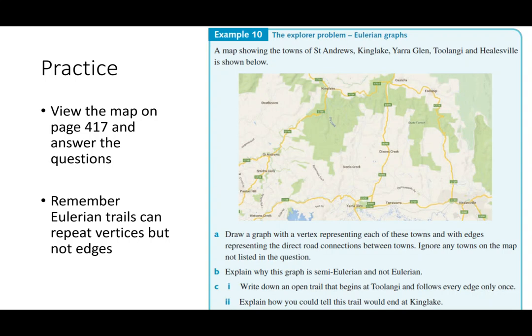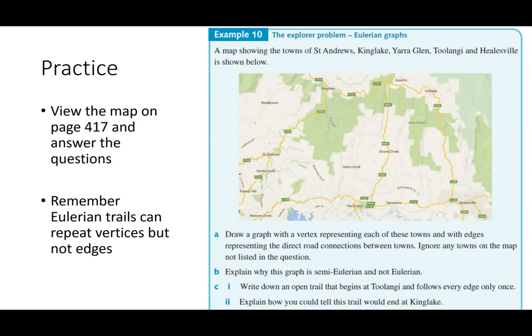So guys, we're going to have a practice at this. If you can't quite see up here, that same picture is on page 417 of your textbook. It shows St Andrews, Kinglake, Yarra Glen, Tolangi, Healesville on the map and how they're connected by roads. I want you to draw a graph with a vertex representing each of the towns and edges representing the direct connections between them.